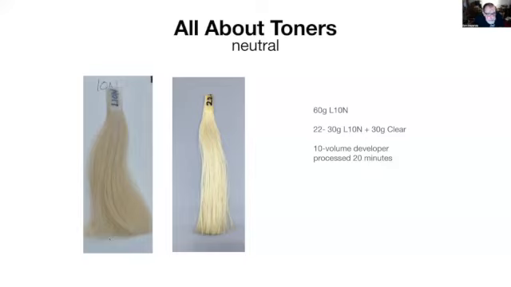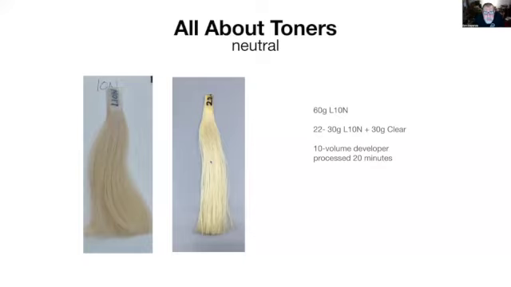This one shows you liquid 10N. Notice that it's a very, very light color, but here it is processed with 30 parts of clear, which means it has almost no color in it. Very, very little color. It was processed, once again, for 20 minutes with 10 volume developer.